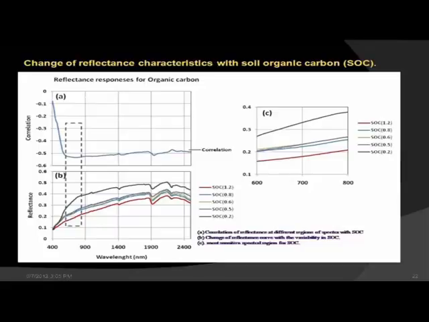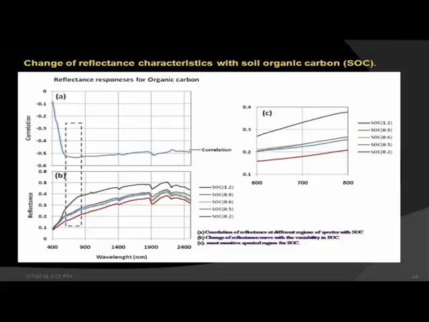The spectral reflectance from 400 to 2500 was related with the organic carbon content value. We got the correlation value from 400 to 2400, which is plotted here. You can see the correlation goes from minus 0.1 and increases to minus 0.5, then remains stabilized at around minus 0.5.